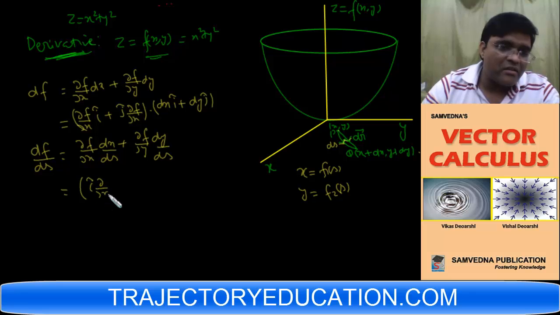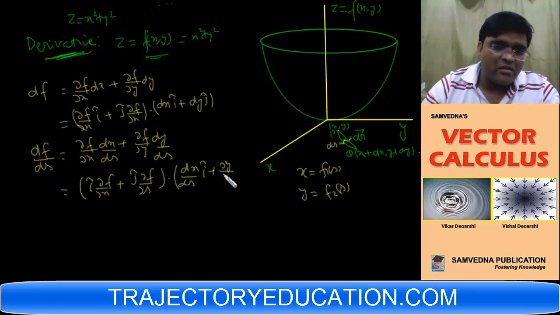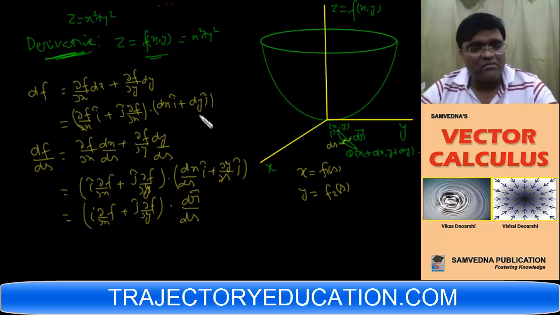So this can be further written as dou f by dou x i plus dou f by dou y j, dot product, dx by ds i plus dy by ds j, which is dr upon ds.